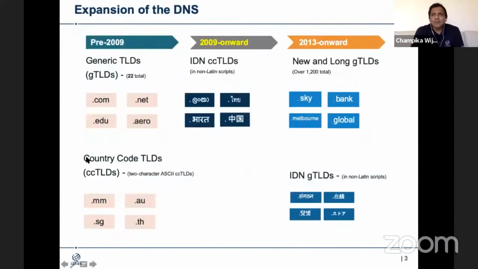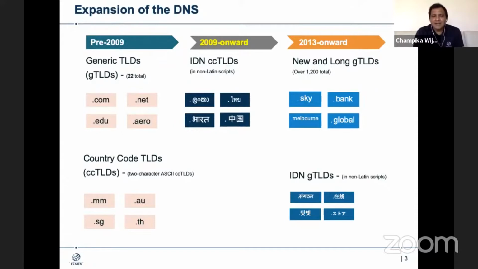Now, just to give you a brief recap of the expansion of DNS over the years: the RFCs were published about 40 years ago, in the early 1980s. That's when the DNS was designed. Since then, there have been many evolutions in the protocol itself, and the top level domains have also evolved quite a lot.